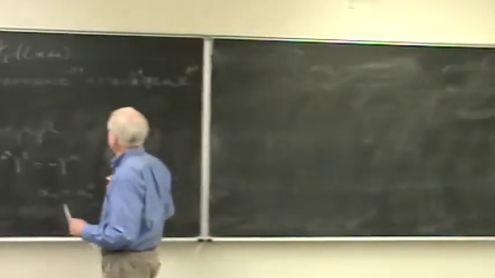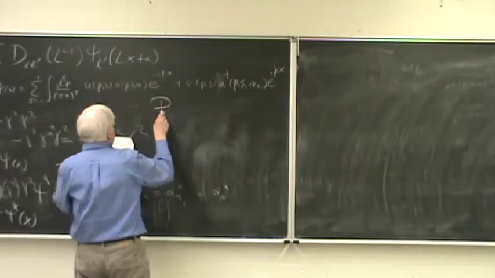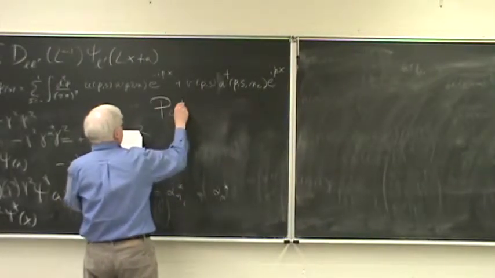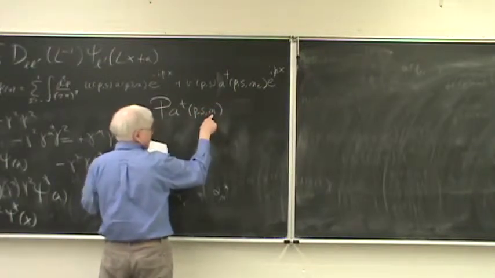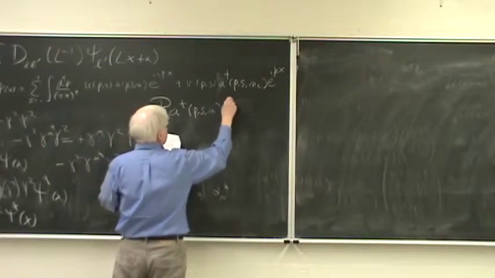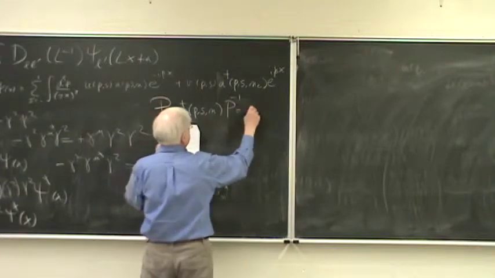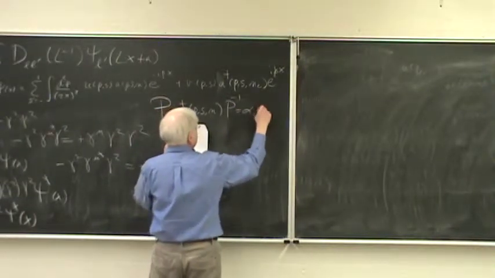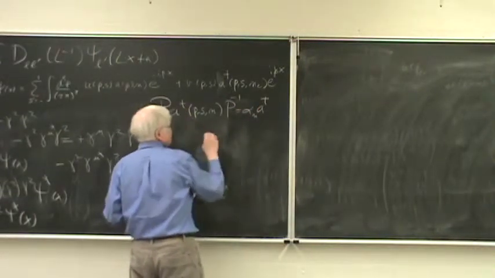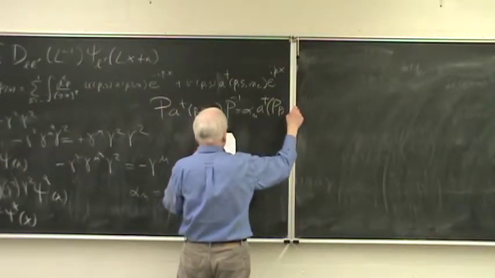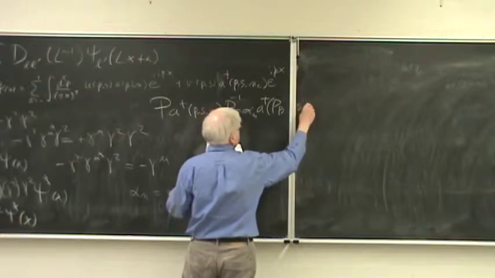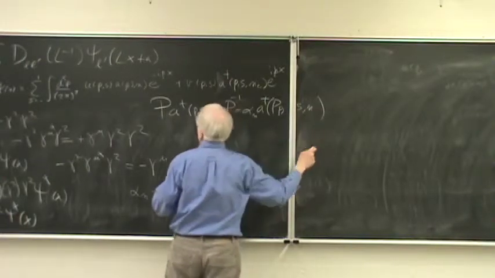Well, let's once again take Weinberg's point of view. There is a parity operator P, and P A dagger of p, s, n, P inverse is some phase factor alpha n times A dagger of the reflected momentum, s, n.